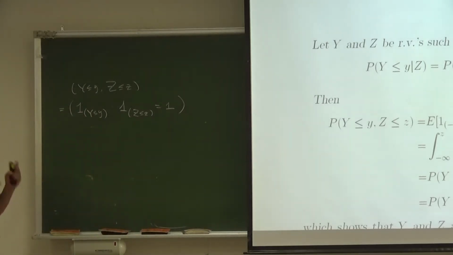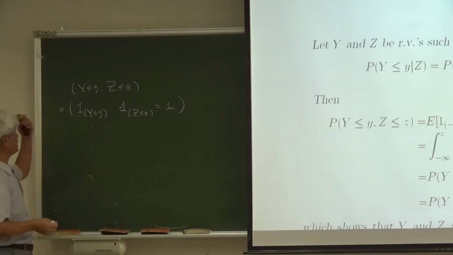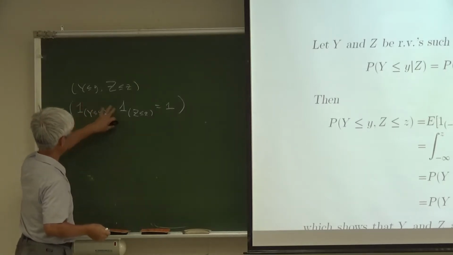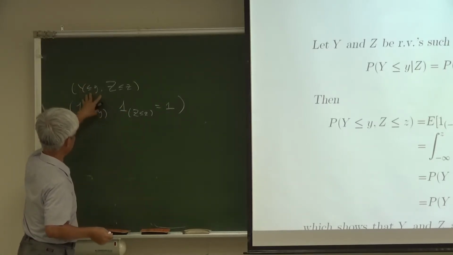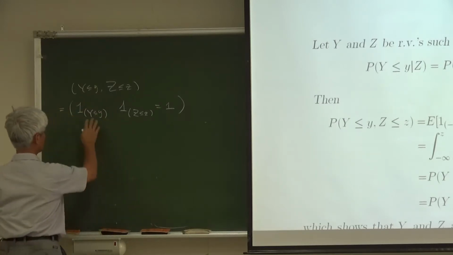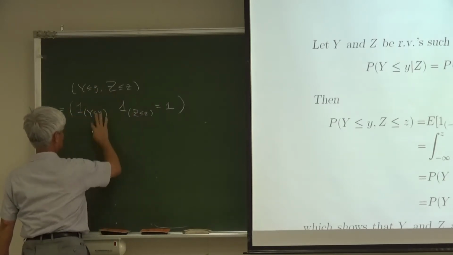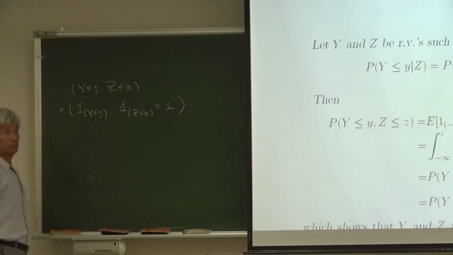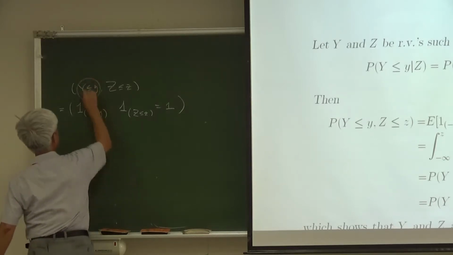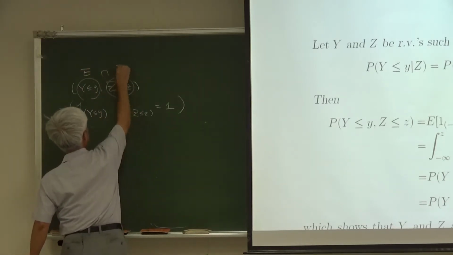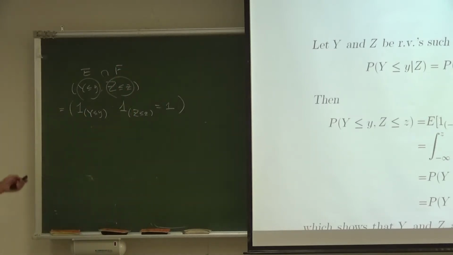I use indicators because indicators are random variables. So the intersection of these two events is equal to the product of their respective indicators equal to 1. This is E and this is F, so the product of these two indicators equals 1.